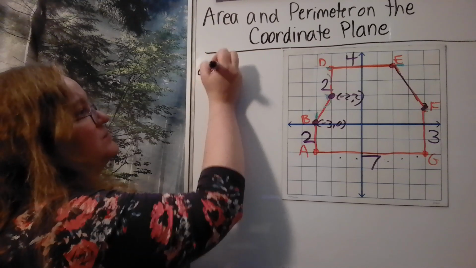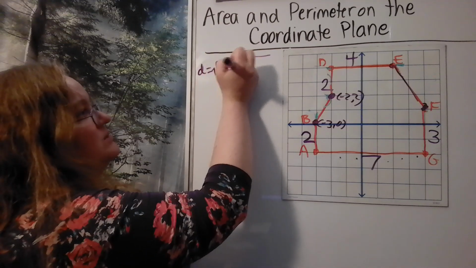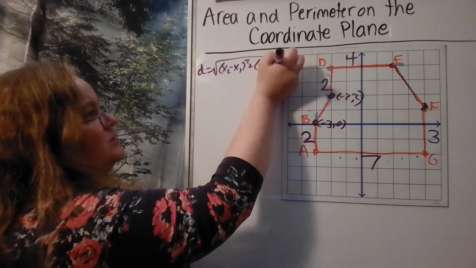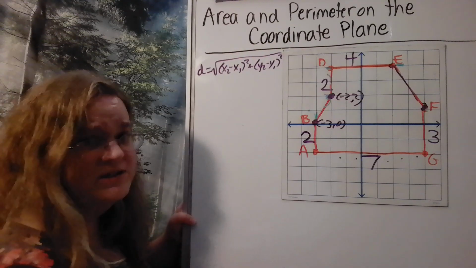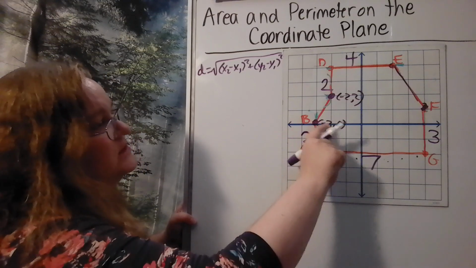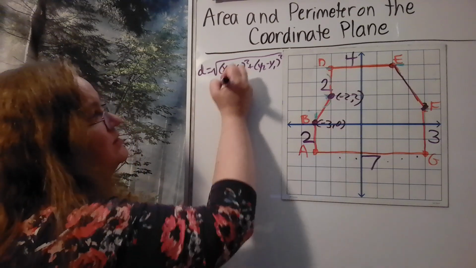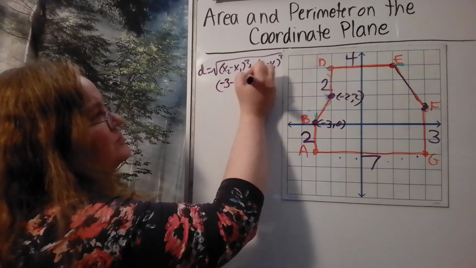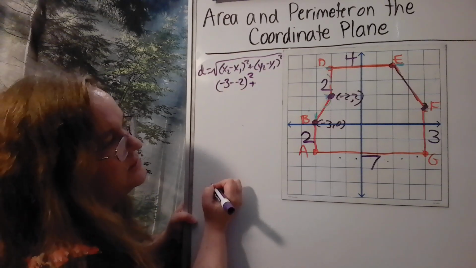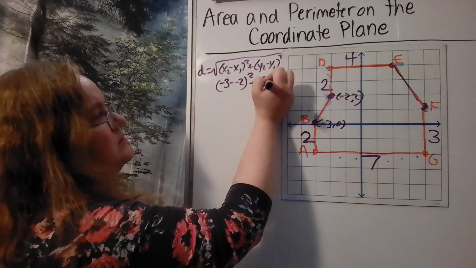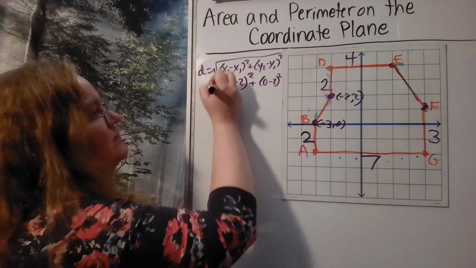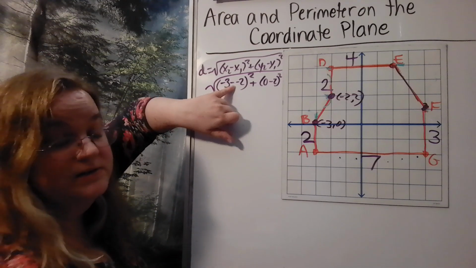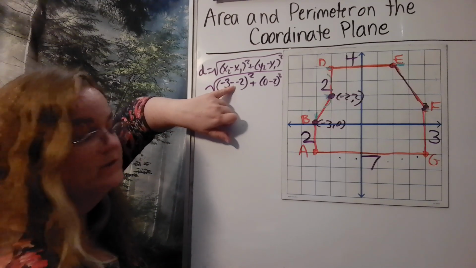So again, the distance formula is going to be x sub 2 minus x sub 1 squared plus y sub 2 minus y sub 1 squared. And I'm going to substitute that stuff in. All right, so if I start with -3 minus -2 squared plus, that's going to be 0 minus 2 squared. This is going to give me 1 because minus a -2 is going to be +2.